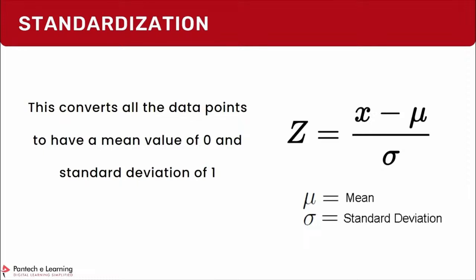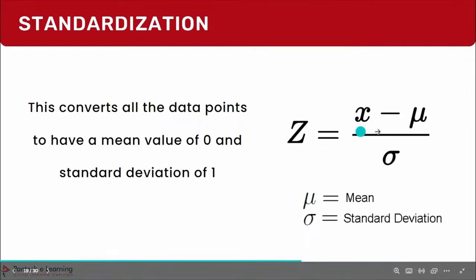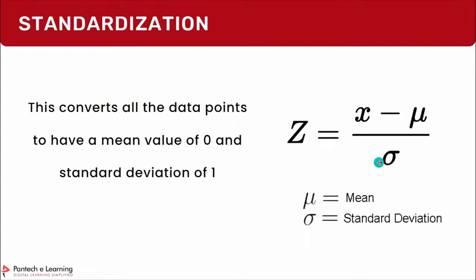It uses a formula: the new value is the old value minus the mean of that particular column, divided by the standard deviation of that particular column. This converts it to have a mean of 0 and a standard deviation of 1.